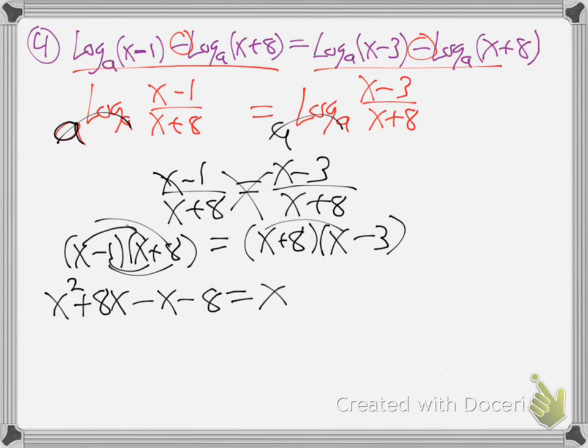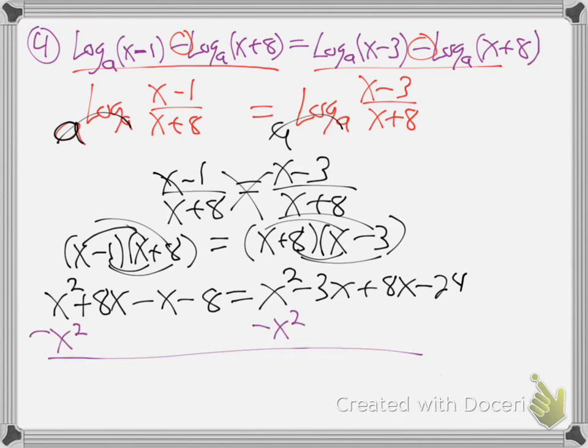Over here, x squared minus 3x plus 8x minus 24. We can subtract x squared from both sides. 8x minus 1x is 7x minus 8. Negative 3x plus 8x is 5x minus 24.